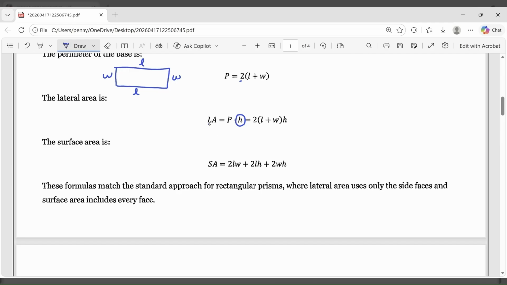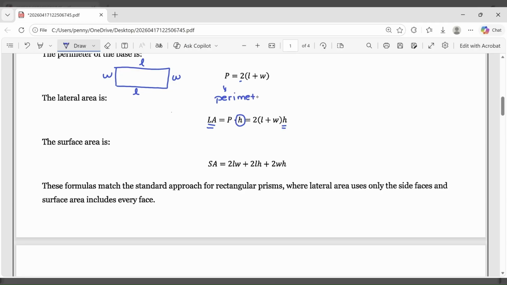So once we get to finding the area, we take that perimeter of our base, but we give it a 3D shape and we multiply by its height. So P stands for perimeter of your base.